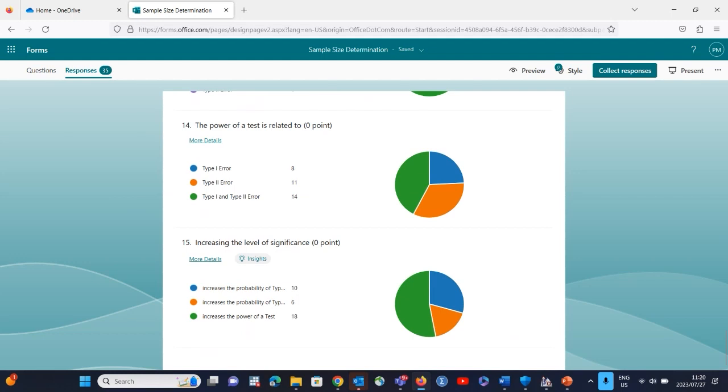Then the last point: if we increase the level of significance, what happens? I think the way I've stated it, it's saying if we make it higher, right?